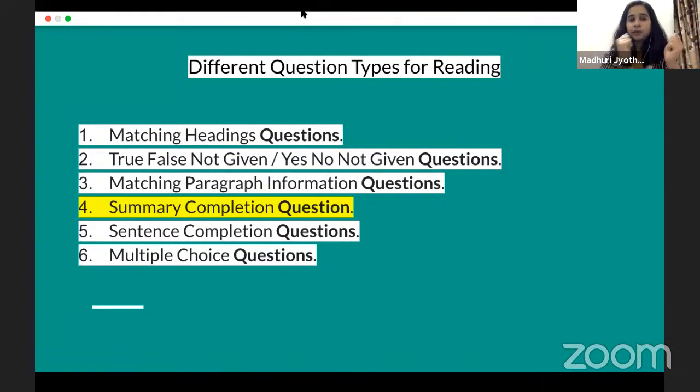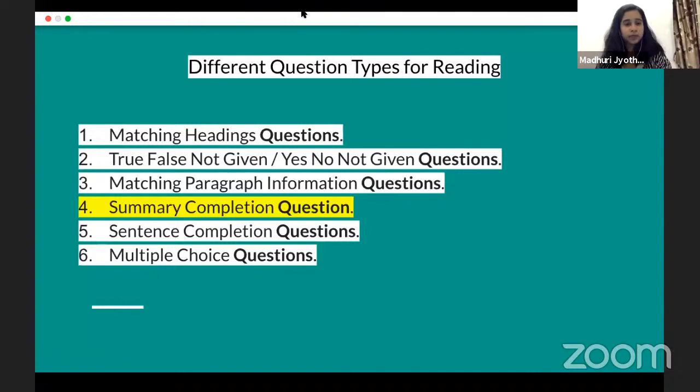So when you're seeing a particular type, true, false, not given, or matching paragraphs and information, or sentence completion, or multiple choice, you know this is the strategy I have to apply, this is the trick I have to use. That helps you to crack the exam better.